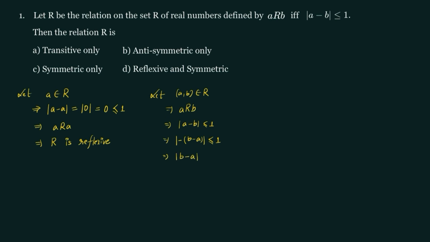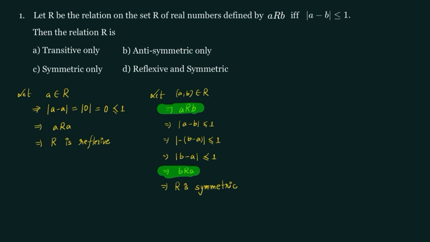So we see that B is also related to A. If A is related to B, then B is related to A. That means this relation R is symmetric.